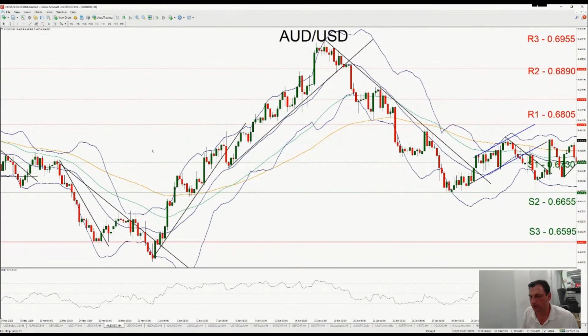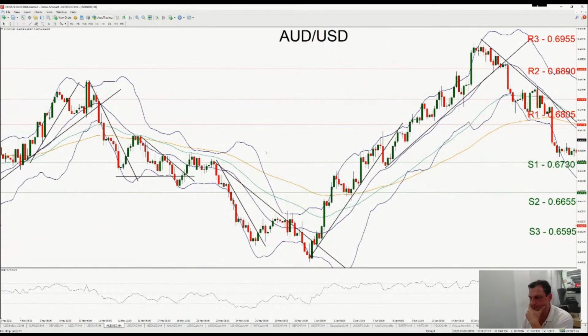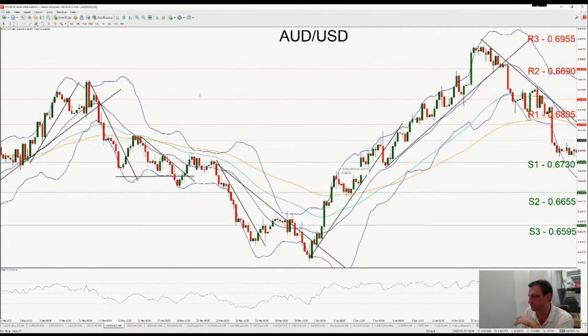That's a little bit too wide. I would be setting a median here. Okay, in green, 0.6530, locking it in.